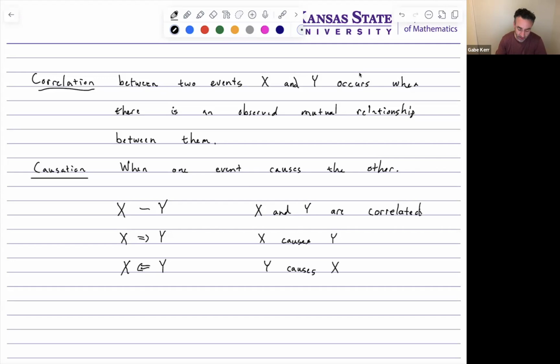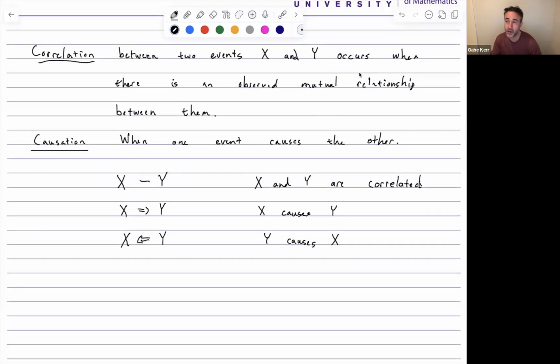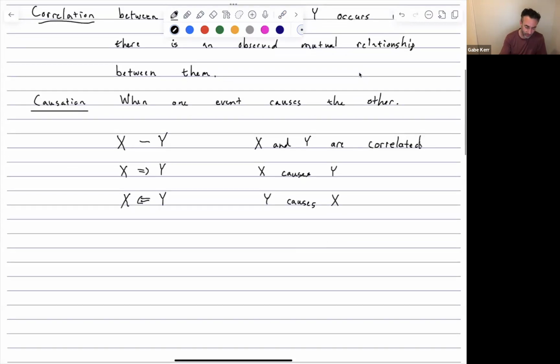And the point is that if you see a correlation, it may not be the case that you have either of these situations. So you could have this occurring, but neither causes the other. And we'll look at some examples of that in a moment. Why would you have a correlation instead? Well, there are three main reasons that I would point to, two of which are discussed in the book.